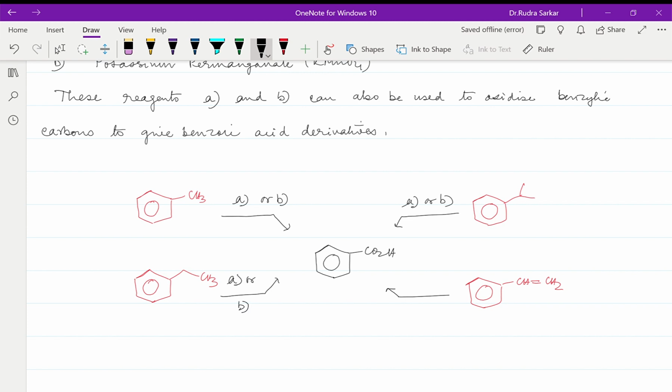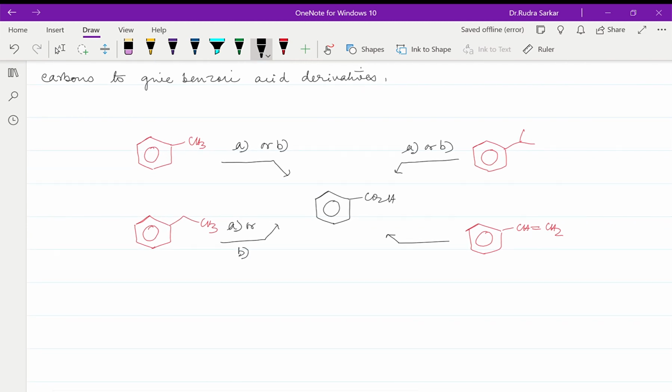Mostly for the practical purposes and easy to handle, we use A as the reagent. Important point to mention over here is that there should be a benzylic hydrogen present, at least one should be present over the carbon joined directly to the phenyl ring.